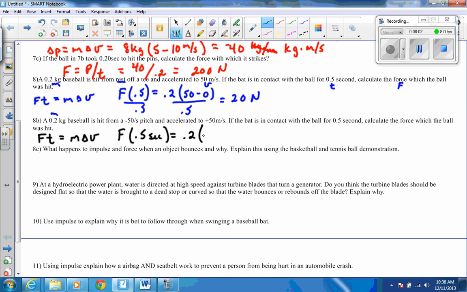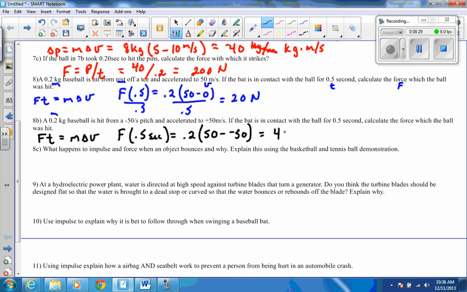But now, since the ball is pitched, the final speed is 50. But the initial speed is a negative 50. So it's a little bit different than the one above. So just because it's pitched, 50 minus the negative is plus. So 50 plus 50 is 100. 100 times 0.2 is 20. And then 20 times 2 gives you 40.